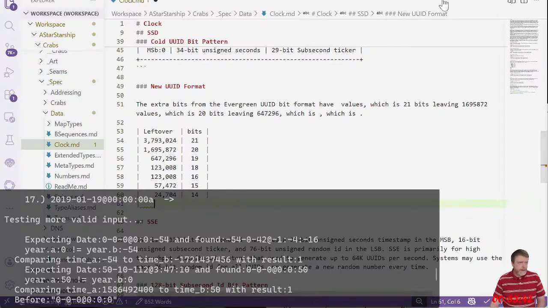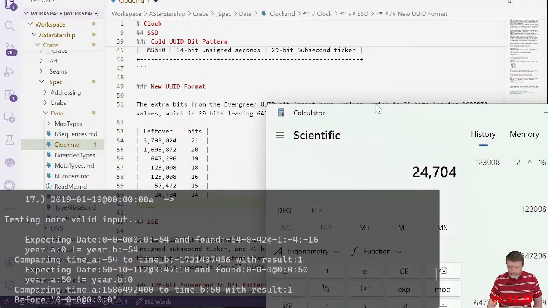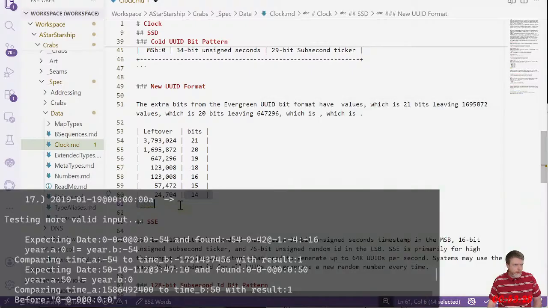Boy, it's quite a bit. 13. It's going to skip on the next one.